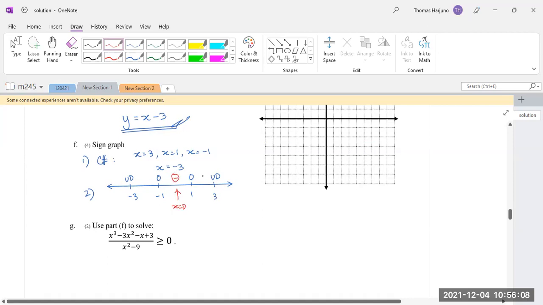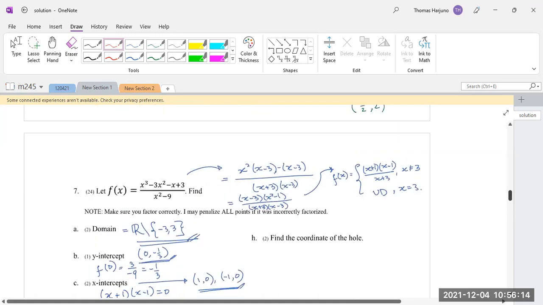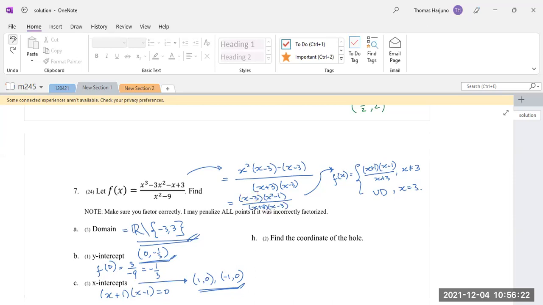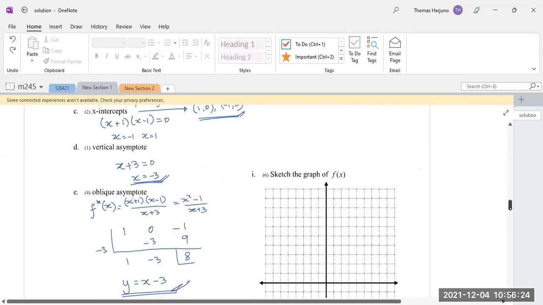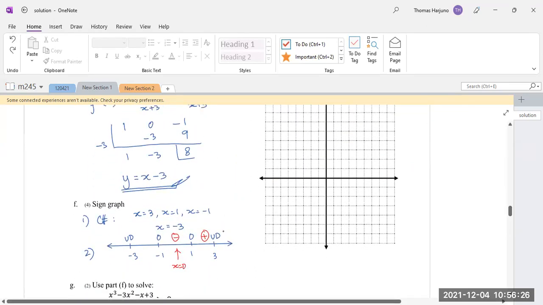Multiplicity for each one of them is odd, except when x equals 3. When x equals 3, it has a multiplicity of 1 at the top and another 1 at the bottom, so it has multiplicity of 2 in total. So that's no change of sign here, but for the rest, we have change of sign.